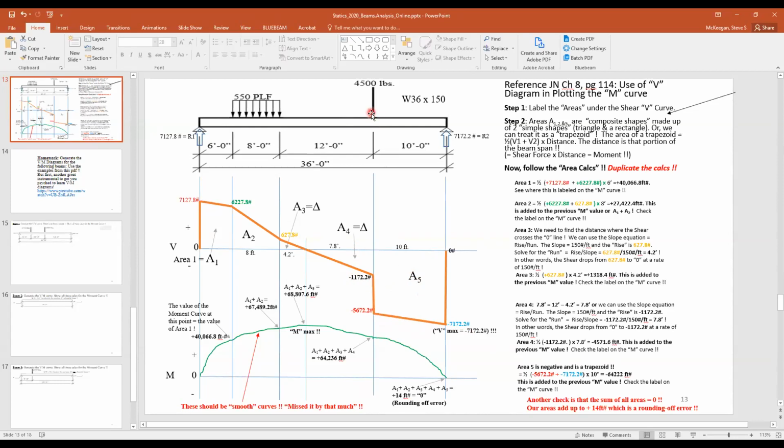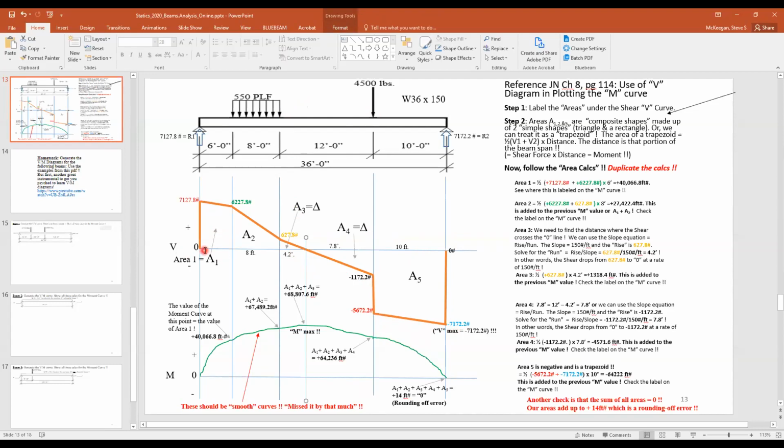The areas are always between significant points: reaction, concentrated load, concentrated load, end of partial linear load, but we've got to add this, and that is where we cross the zero line. We'll get to that when we get to area 3. So even though this shows two values at this significant point, we're going to use this value, which is one of the values of the shear for that trapezoid.